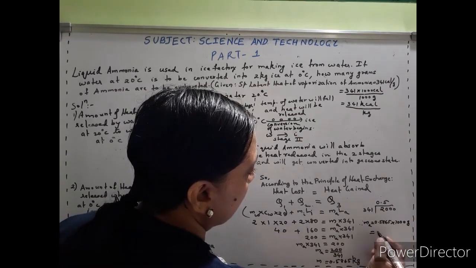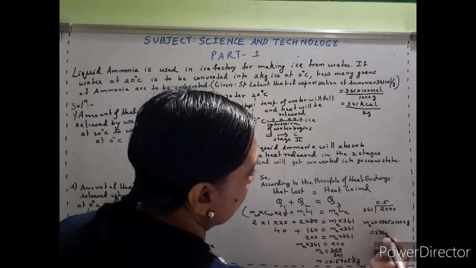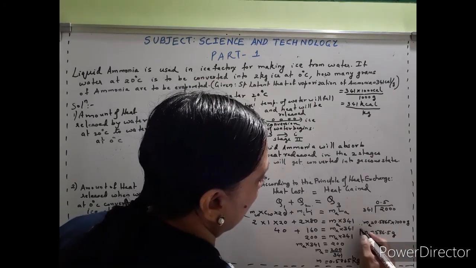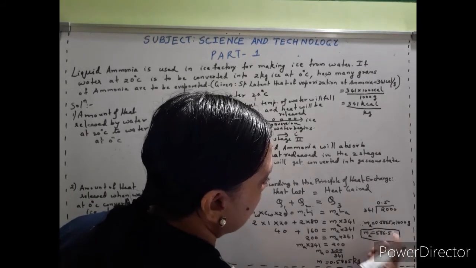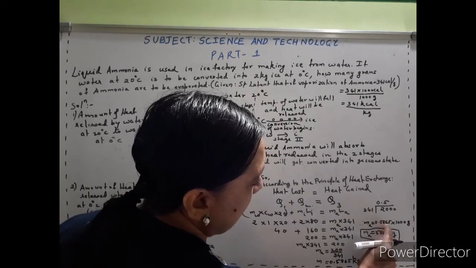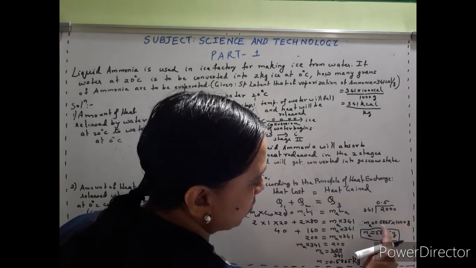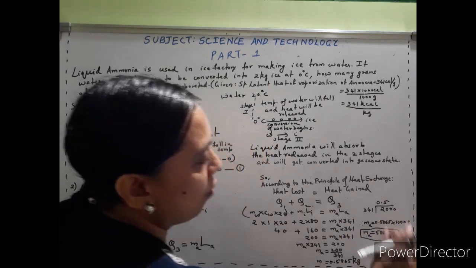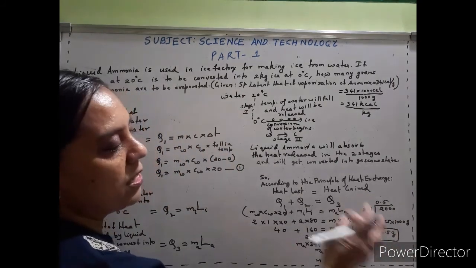So that will give you 586.5 grams. जब 1000 से मल्टीप्लाई करेंगे तो ये डेसिमल 3 प्लेसेस आगे सरक जाएगा, because there are 3 zeros, so 1 2 3. So 586.5 grams of ammonia are to be evaporated.